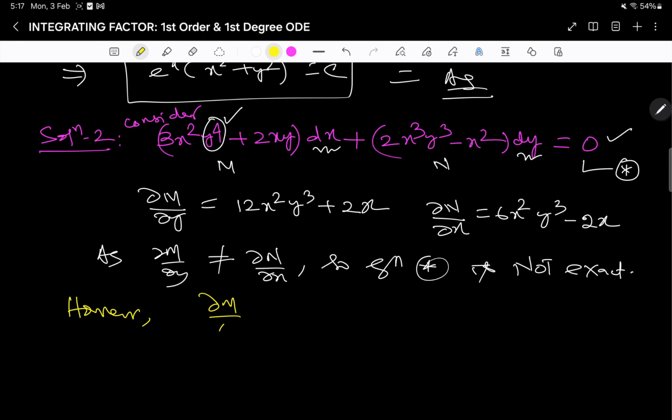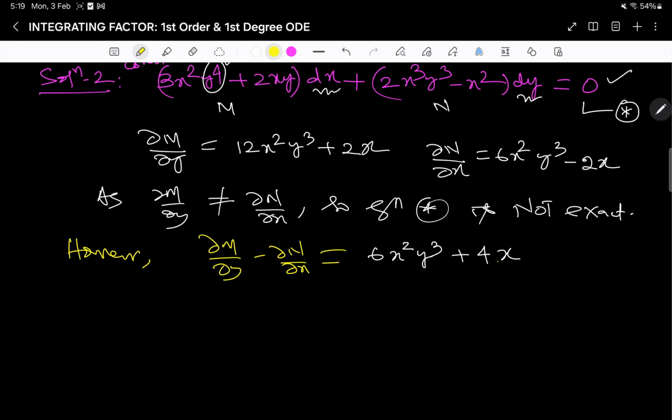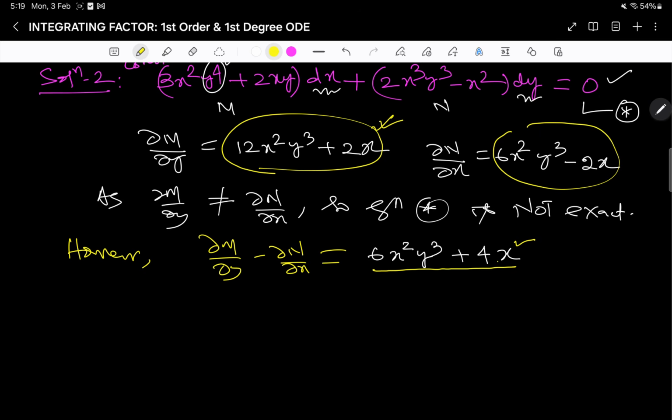However, del M by del y minus del N by del x is equal to how much? If I subtract it, it is 6x square y cube plus 4x. You compare it with this, there is a mismatch in sign, you compare it with this, it is matching.